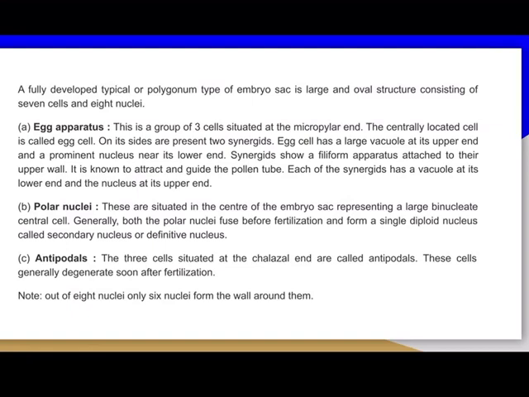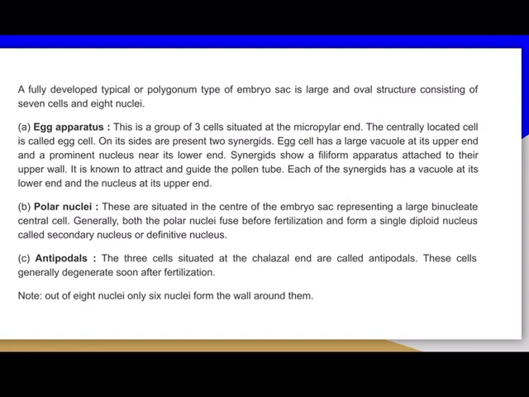If we see the synergids, they have a vacuole at the lower end and the nucleus is found at the upper end. These synergids help in the movement of the pollen tube towards the egg cell.